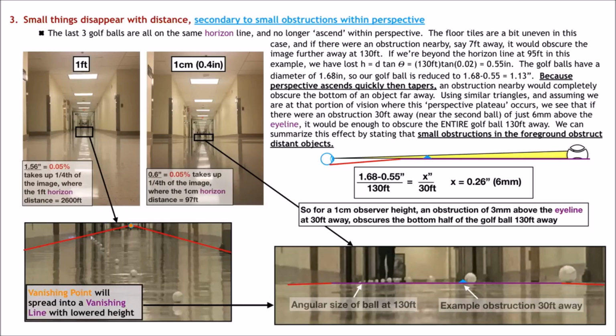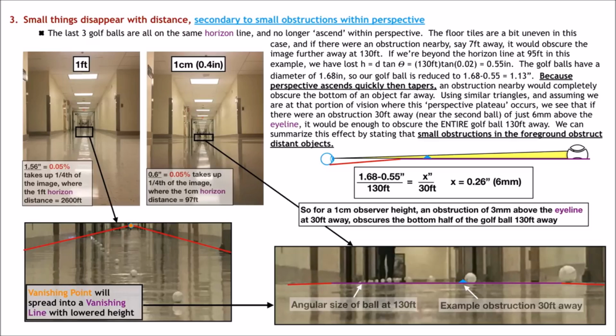On the bottom right-hand picture, I've pointed to the golf ball that is 130 feet away. If we were to put an obstruction, let's say this blue triangle, in the nearby vision, let's say at 30 feet away, I've put the little blue triangle next to the 30-foot ball.